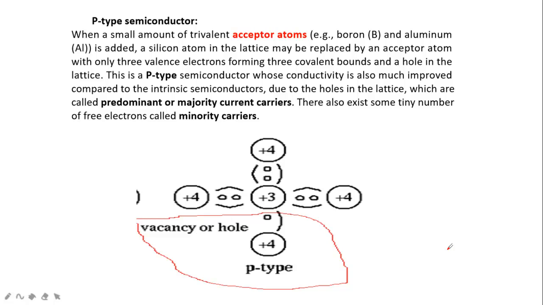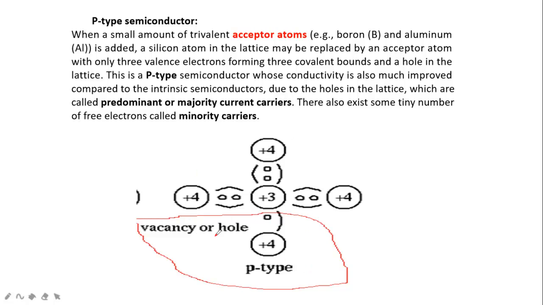Why p-type? P for positive, the trick to remember again. We will get an extra vacancy or hole to move. Hole is positive, that is why they are called p-type semiconductors. This is only a trick to remember: p-type means positive, positive means hole.